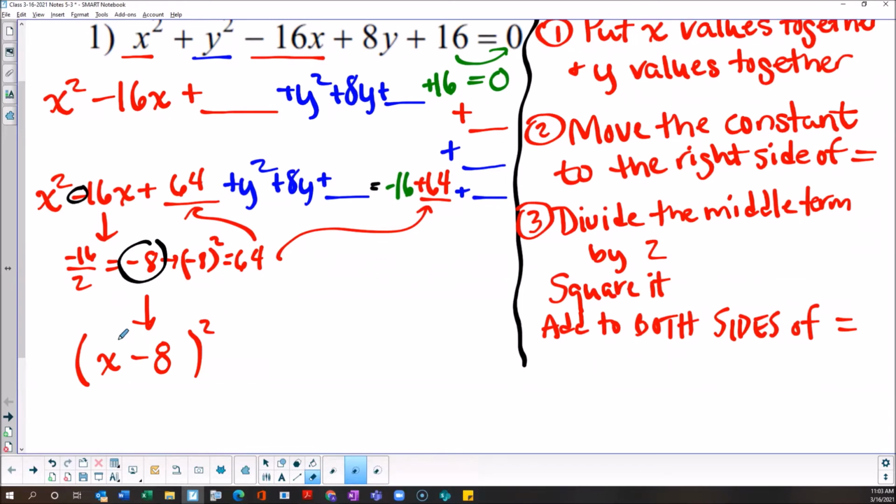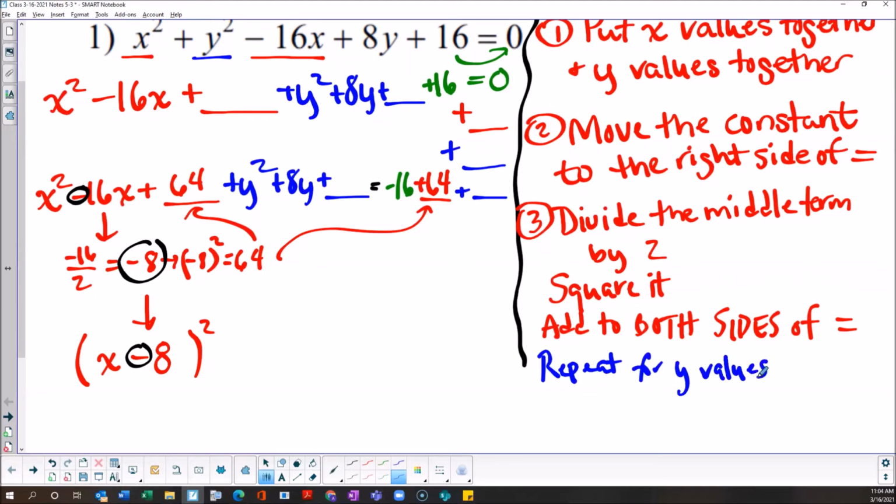All right. So again, you want to make sure that the sign of the middle term you started with is going to match the sign right there. Okay. And then if I go back to my steps over here, I just repeat for the y values.